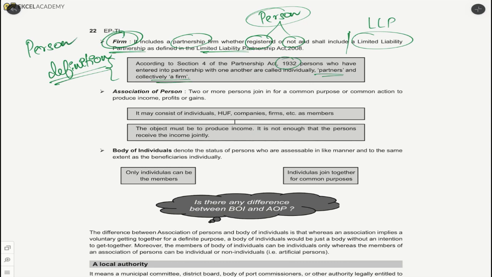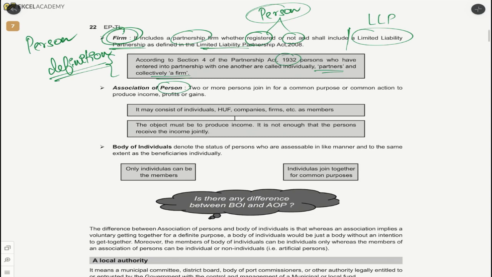Association of persons. The word person here is very important. Two or more persons join in for a common purpose or common action to produce income, profits or gains. See, it's very clearly mentioned that it is two or more persons. Once again, as we just now saw, persons could be anyone, not necessarily individuals.